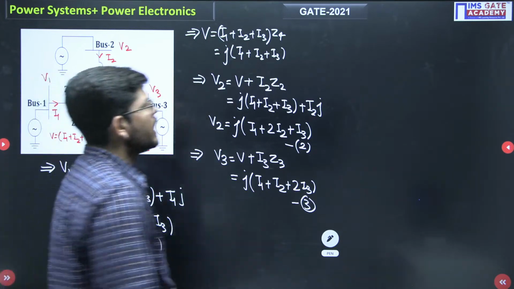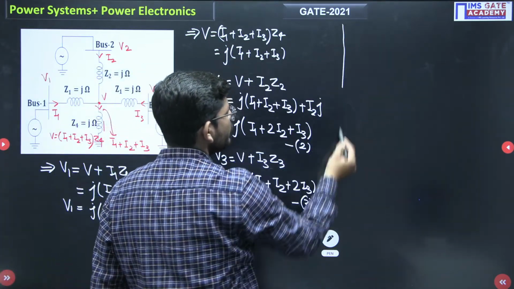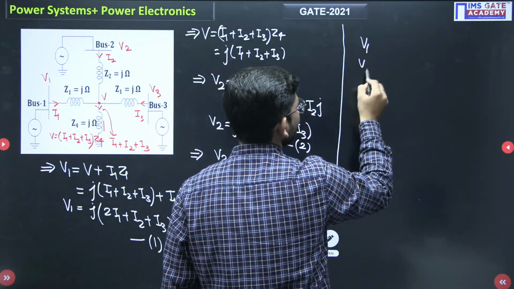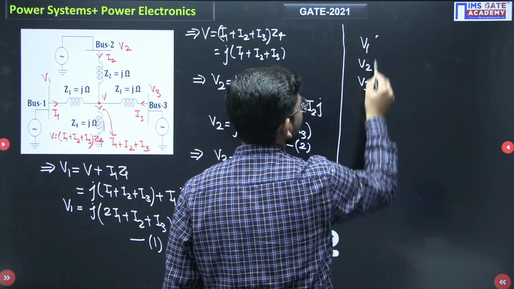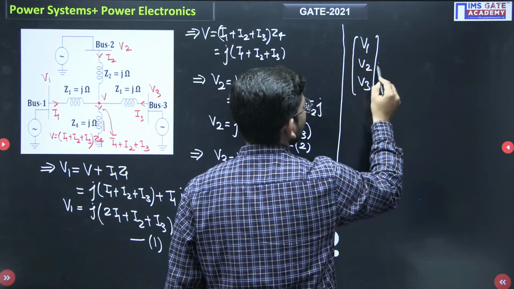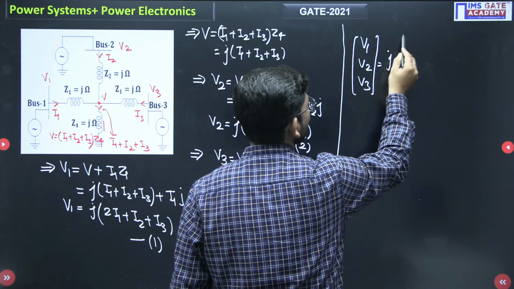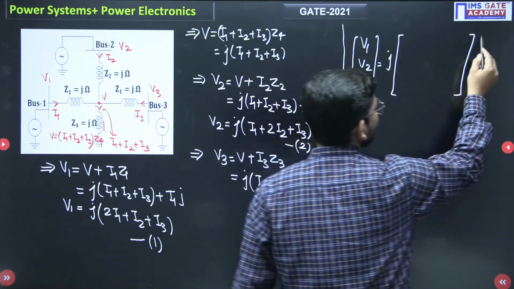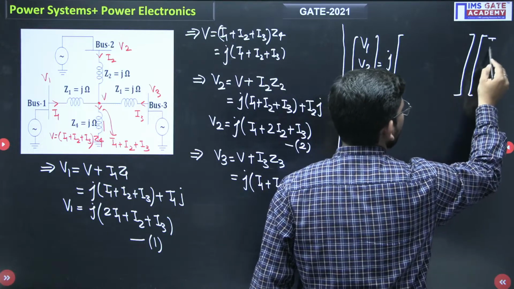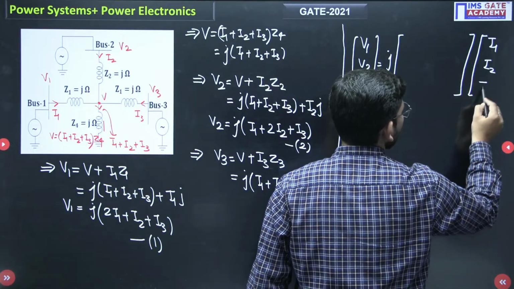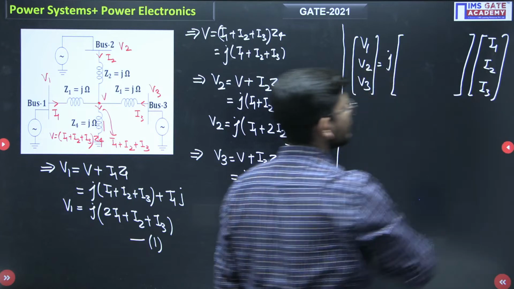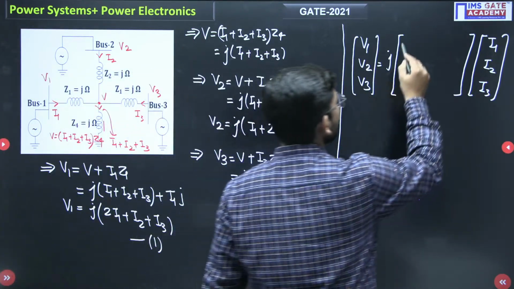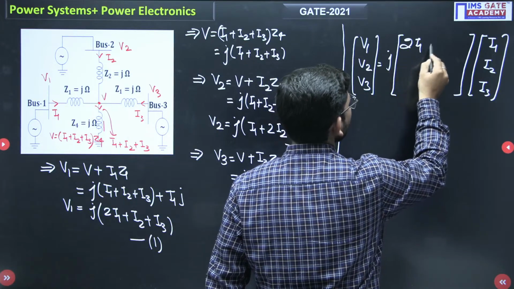Now if we write equations 1, 2, 3 in matrix form, what will I get? V1, V2, V3 on the left. If I take J common here, on the right hand side I will have the currents I1, I2 and I3. Now write this in matrix form.